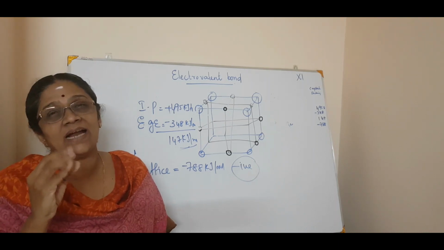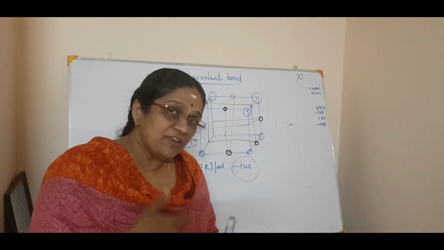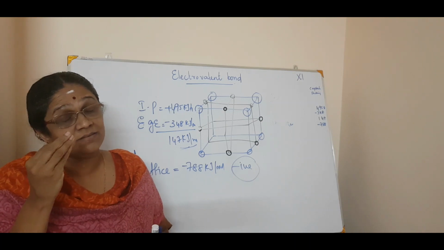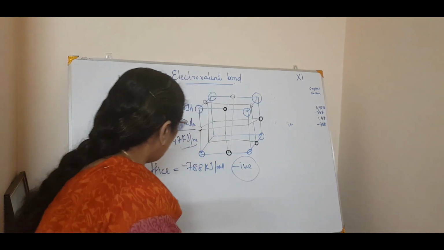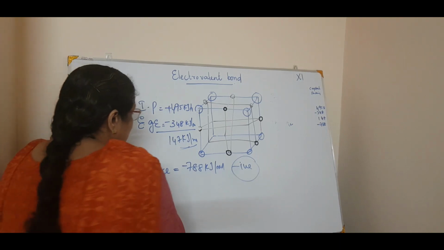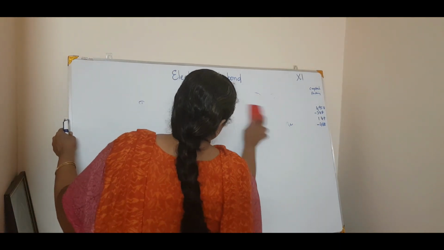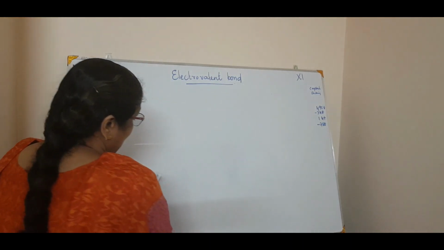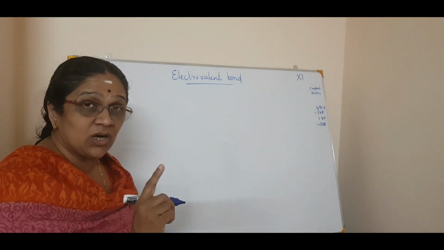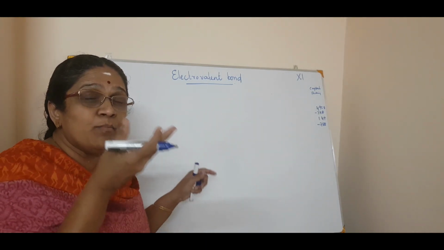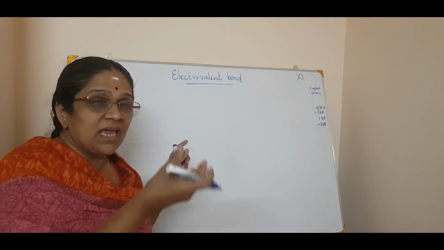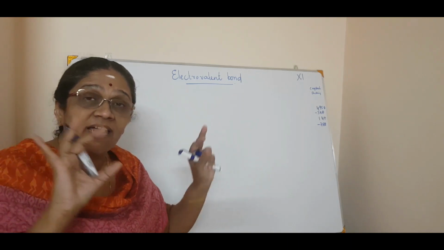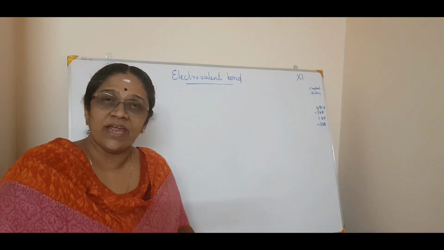We can define lattice energy by the definition: the amount of energy needed to break 1 mole of a solid compound into its constituent gaseous atoms at an infinite distance. That is a correct definition for lattice energy.